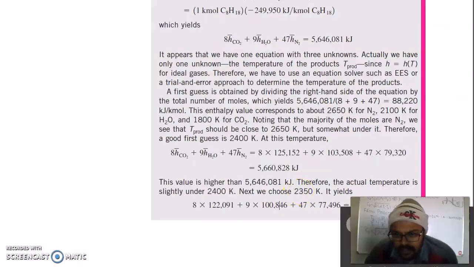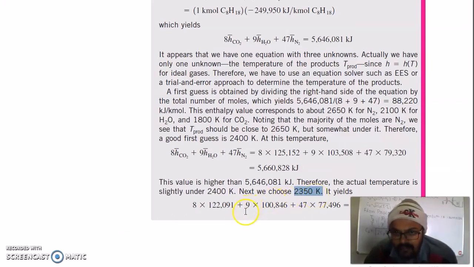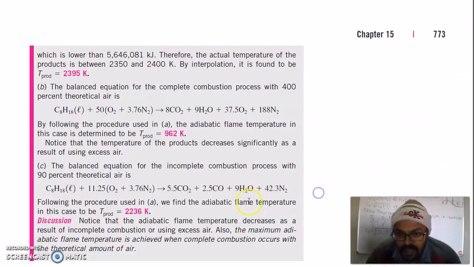Next we choose 2350 Kelvin, and corresponding to this we select the enthalpy values and get 5526, which is slightly less than this value. It means the temperature lies between 2400 Kelvin and 2350 Kelvin. By interpolation, it is found that T product is 2395 Kelvin.